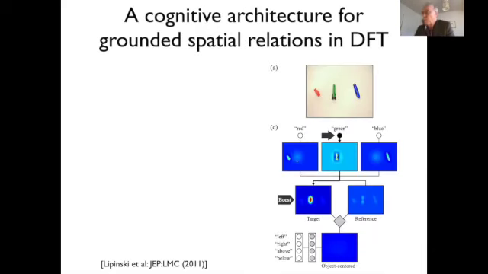So here is a network. You'll see it's not very concrete. This is a network we published 10 years ago, and I'll show you more recent versions of that. So this is a very simple architecture. It also took real images, but very simple ones. And it did perceptual grounding and in some sense also description generation.